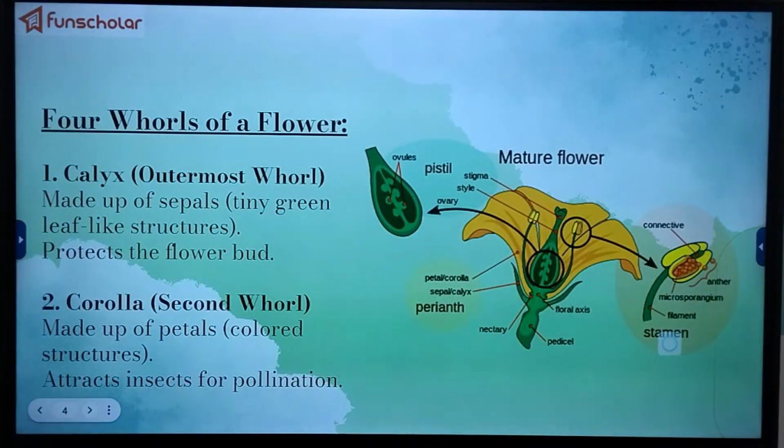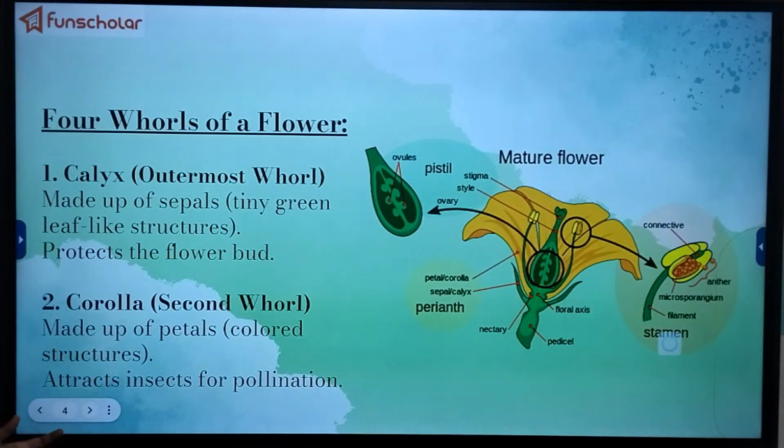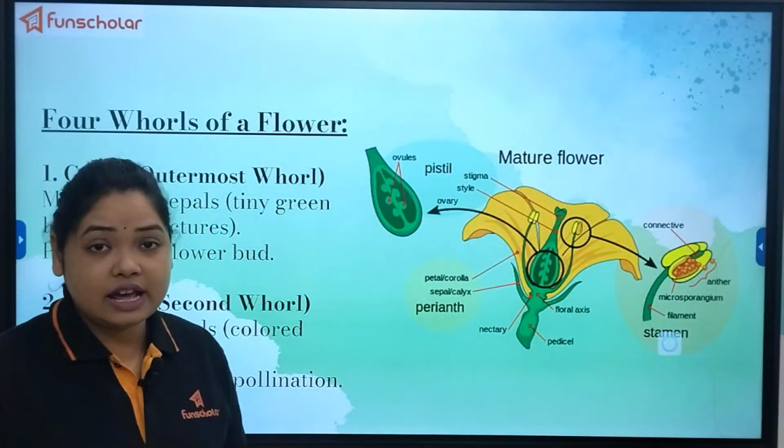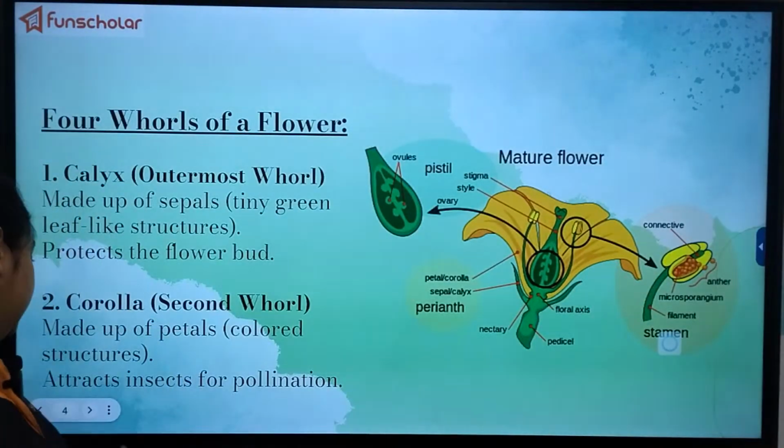Next, the second whorl from outside to the inner side is the corolla, and the corolla is made up of petals which are brightly colored as well as scented in order to attract the pollinators.